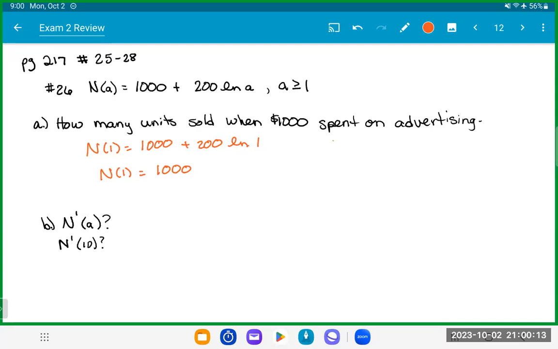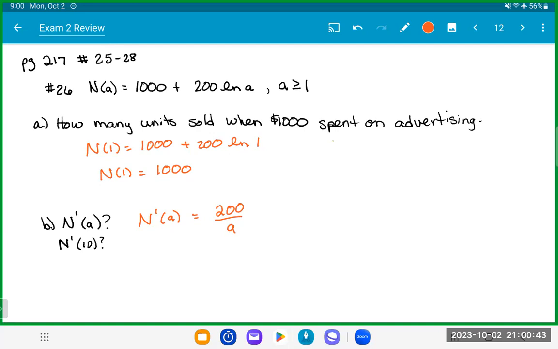Well, the derivative of $1,000 is 0, right? Because that's constant. So we really only have to look at what is n prime of 200 ln of A. And so that's just 200 divided by A, because the 200 is just a constant.